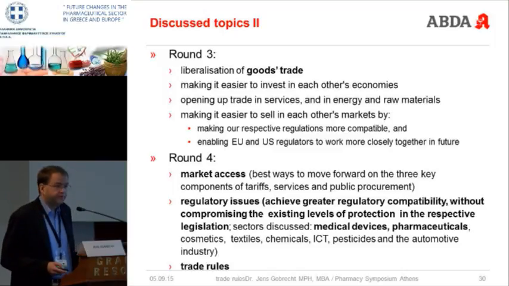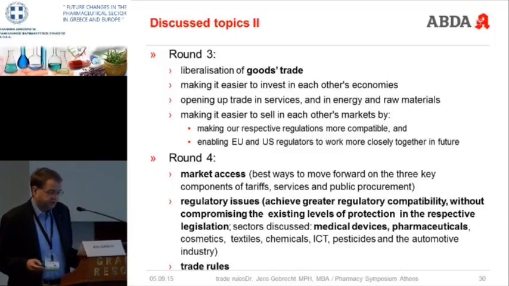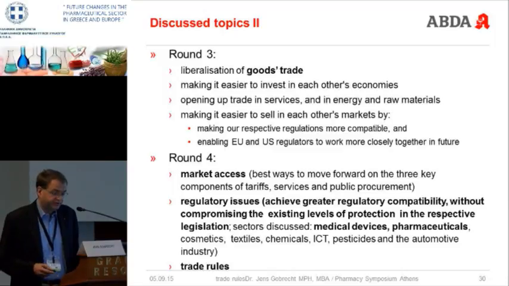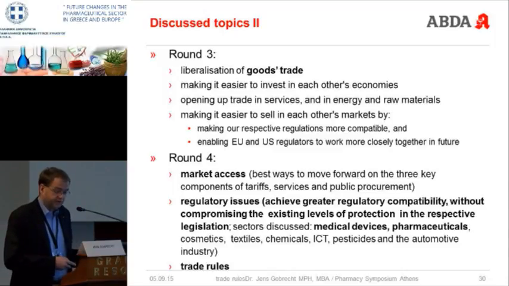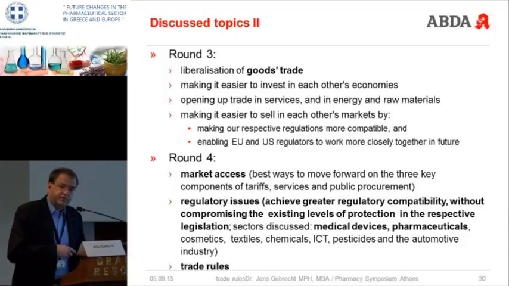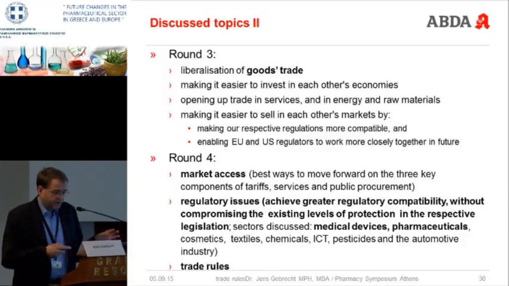In the fourth round, the topics were market access and regulatory issues, so achieving greater regulatory compatibility without compromising the existing levels of protection in the respective legislation. But the sectors they discussed included medical devices and pharmaceuticals, and they talked about trade rules in general.